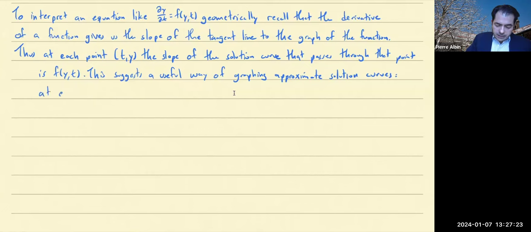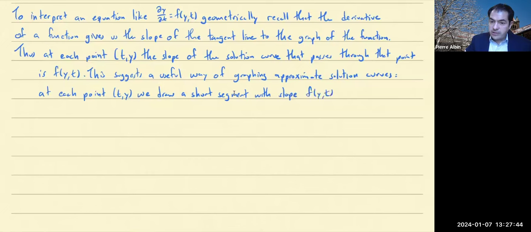What you do is at each point in the plane, we draw a short segment with slope given by the function f.